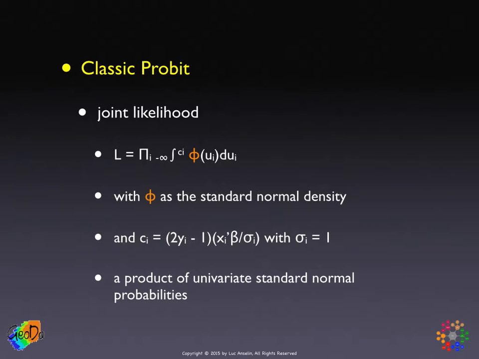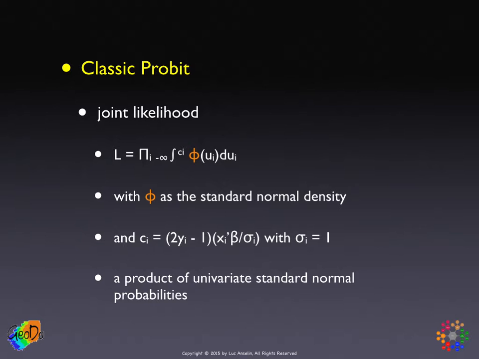So when y sub i is 1, the result is plus 1. Then we have the condition that u sub i is less than x sub i beta over sigma i. And if y sub i is 0, then we have a negative.